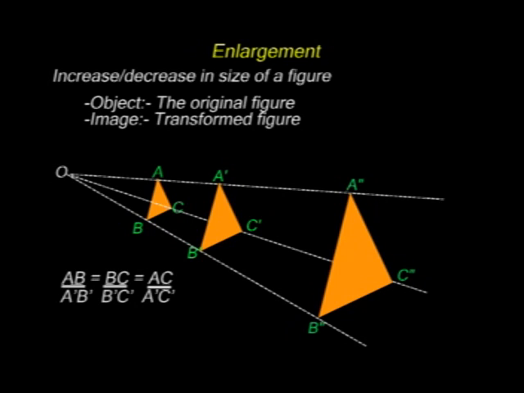Now also, the ratio of the distances from the center of enlargement to the object to the distance to the image is constant. That is to say, the distance OA over OA prime is equal to OB over OB prime and is equal to OC over OC prime.